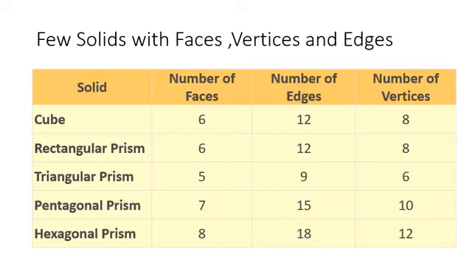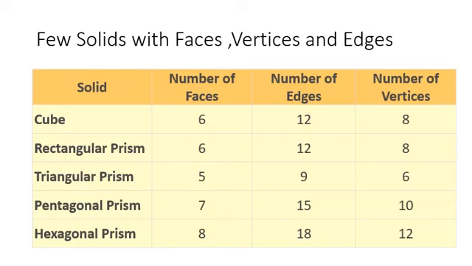Triangular prism, number of faces 5, number of edges 9 and number of vertices 6. Pentagonal prism, number of faces 7, number of edges 15 and number of vertices 10. Similarly, a hexagonal prism will have number of faces 8, number of edges 18 and number of vertices 12. Likewise, this table can help you to know the number of faces, edges and vertices.